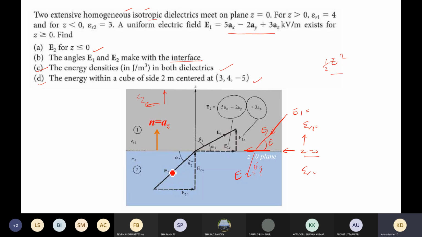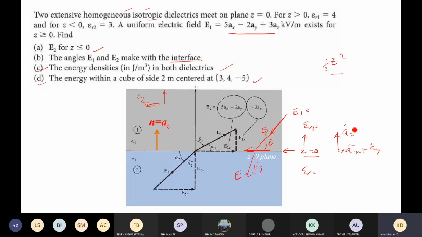The normal vector is nothing but the normal to the boundary. Here the boundary is uniform along z equal to 0. Therefore, the normal vector is supposed to be the az vector itself. And the remaining terms, the ax plus ay vectors, are nothing but tangential components.